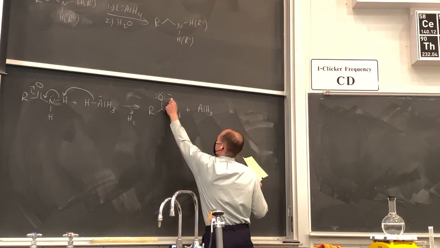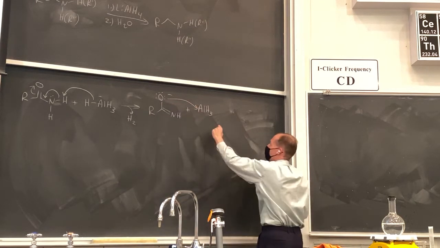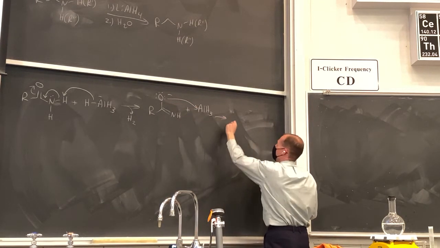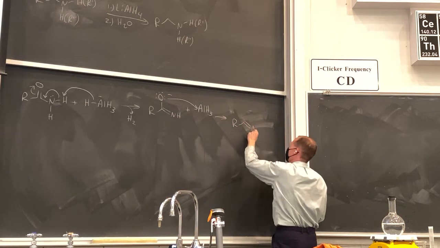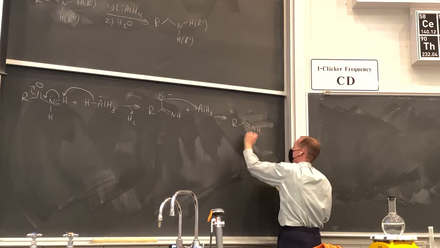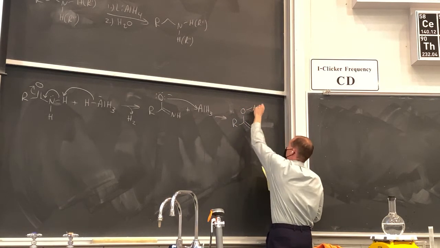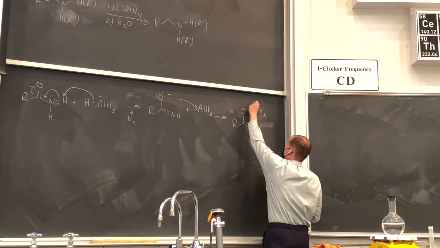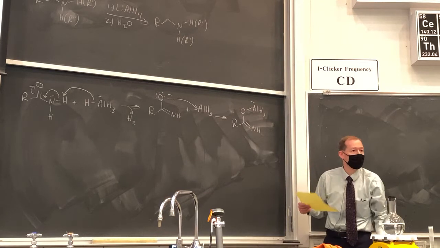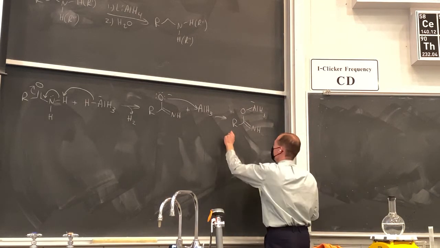So what happens now is our oxygen attacks there. We generate a Lewis acid, Lewis base complex. Okay, that's going to have the negative charge on the aluminum now.